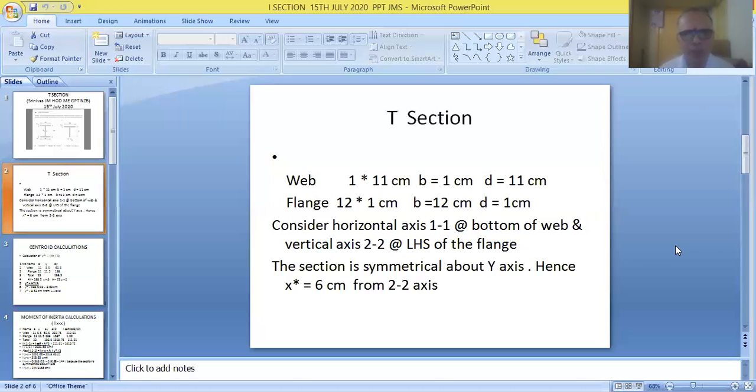In the figure, width of the web is given as 1 centimeter, and the depth of the web is given as 11 centimeter. Similarly, width of the flange is given as 12 centimeter, and the depth of the flange is given as 1 centimeter.